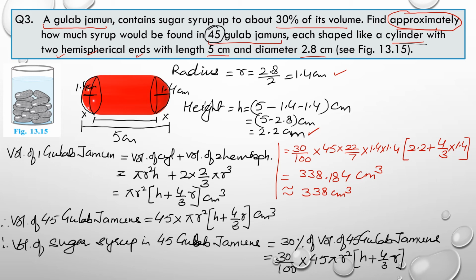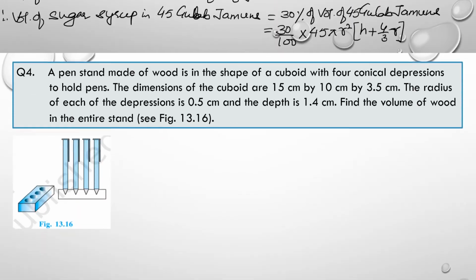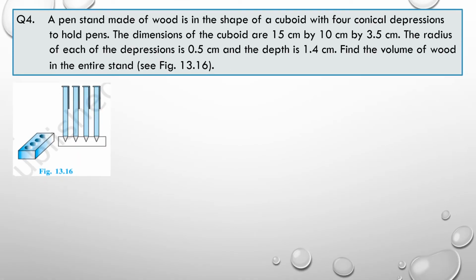Now let's do the next question. Question number 4: a pen stand made of wood is in the shape of a cuboid with 4 conical depressions to hold pens. You must have seen that the point of a pen where we write is conical. So in the pen stand, these are conical depressions so that they can hold the pens.